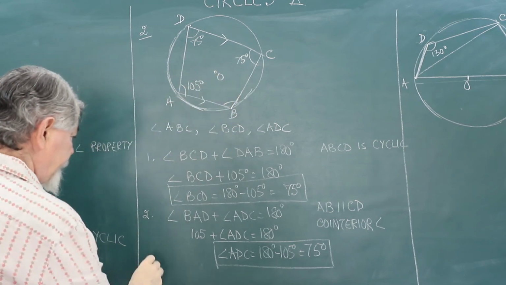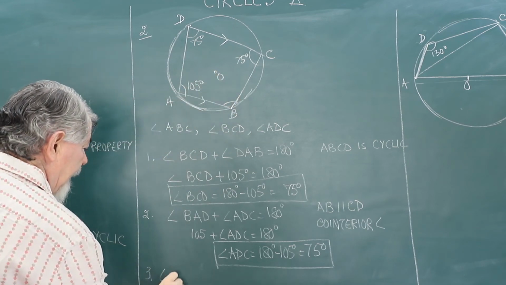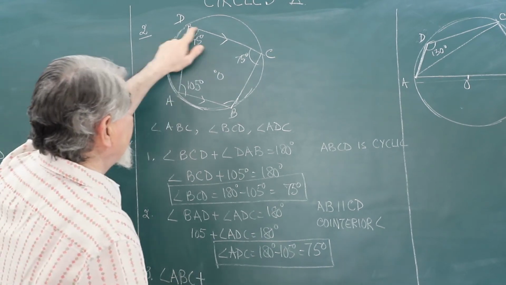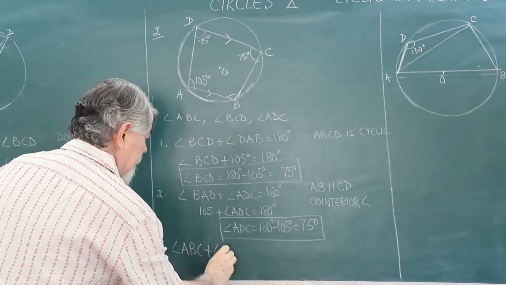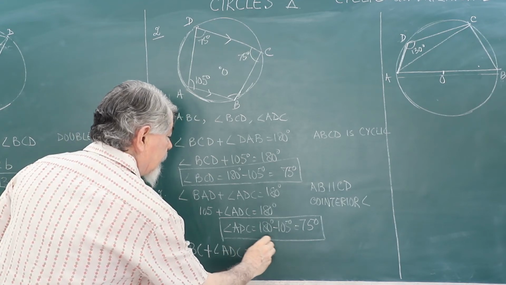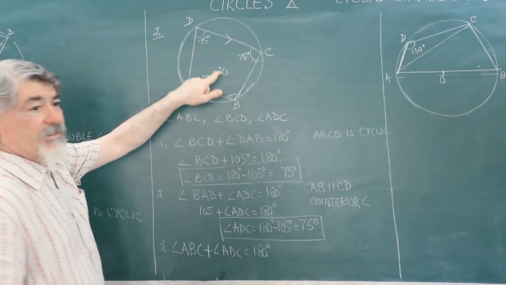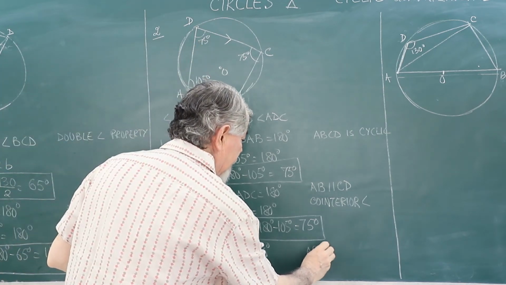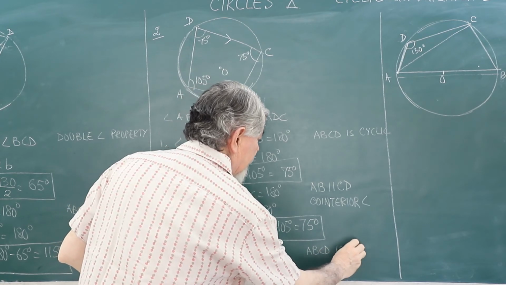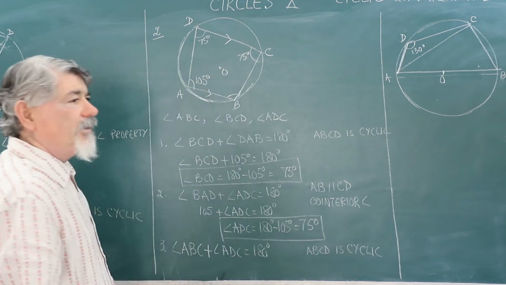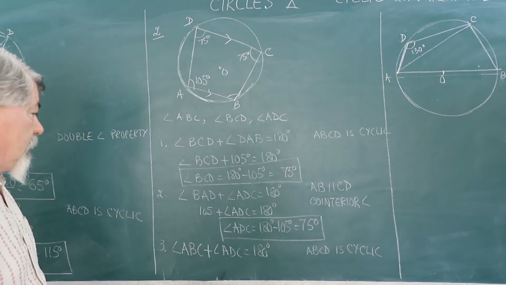ABC. Angle ABC plus angle ADC will also be 180 degrees, because opposite angles of a cyclic quadrilateral are supplementary. ABCD is cyclic, that means it's a cyclic quadrilateral.